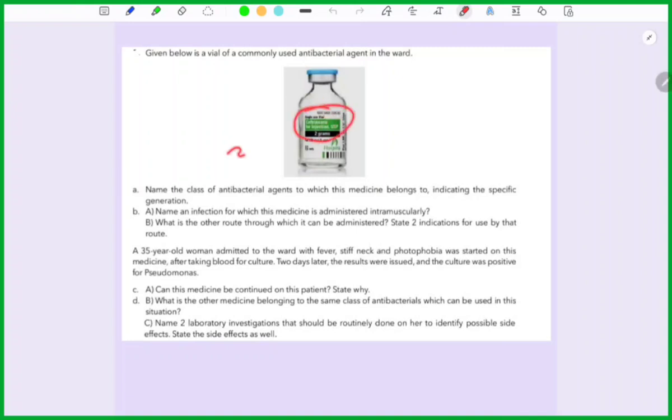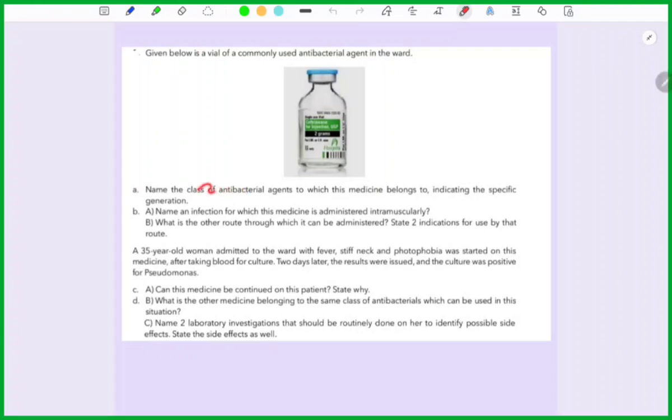You all know Ceftriaxone is a cephalosporin, and there are 5 generations of these cephalosporins, in which third generation is the generation which this Ceftriaxone belongs to.